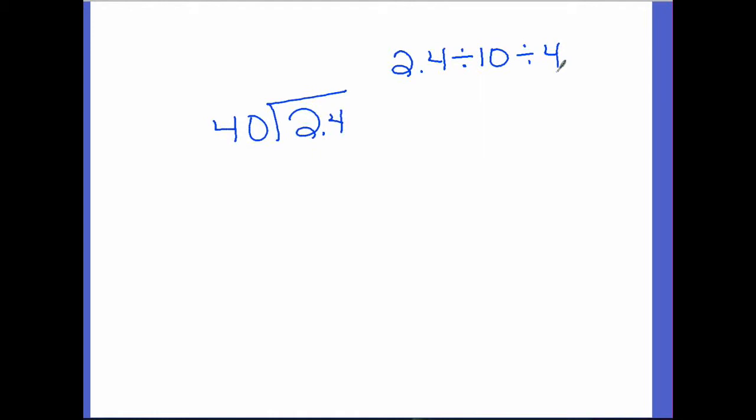What happens to my decimal? What happens with my decimal? Number 3. What happens with my decimal when I divide by 10? Which way? To the left, how many places? Okay, because there's 1, 0, and 10.